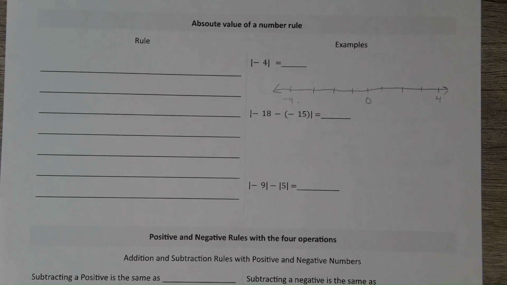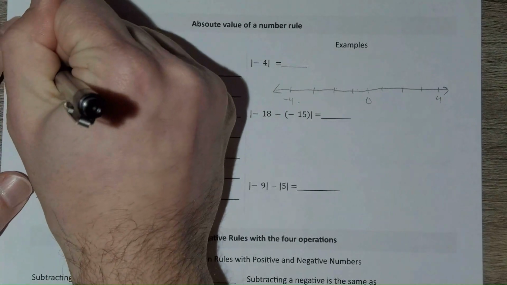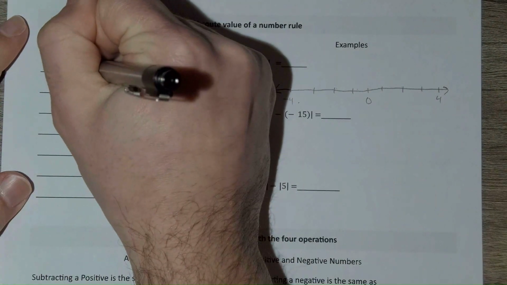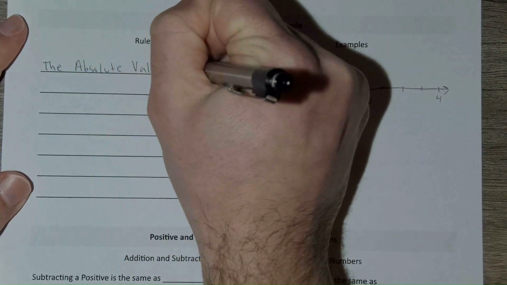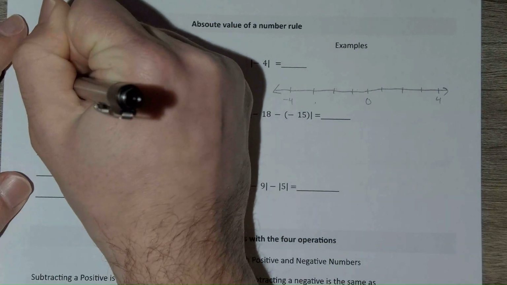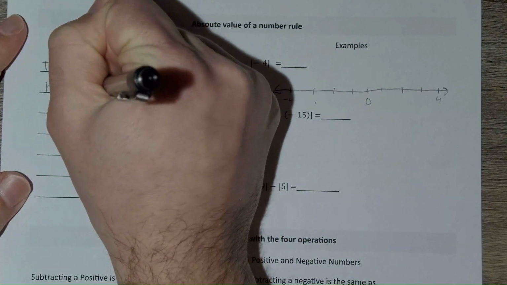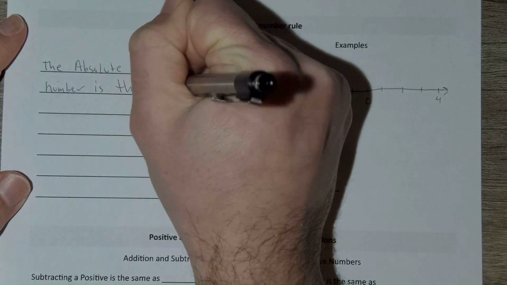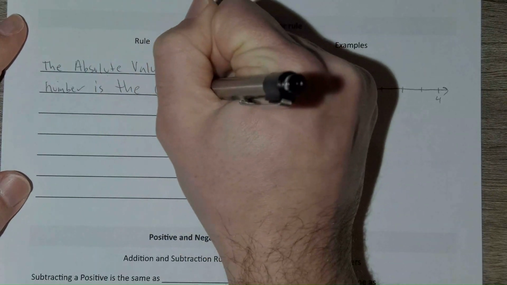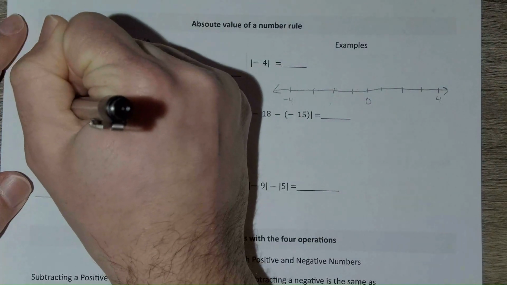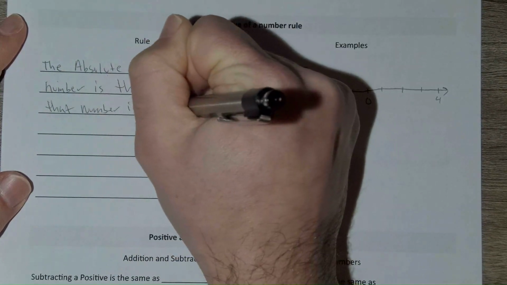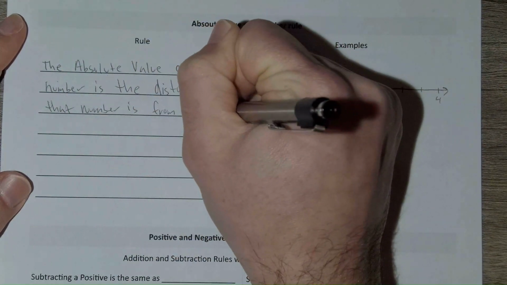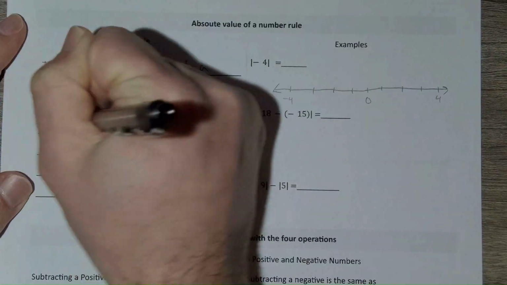So the rule we learned in the beginning of the year of absolute value is the absolute value of a number is the distance that number is from 0 on a number line.